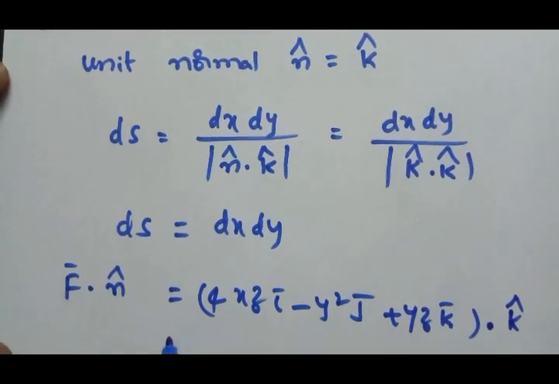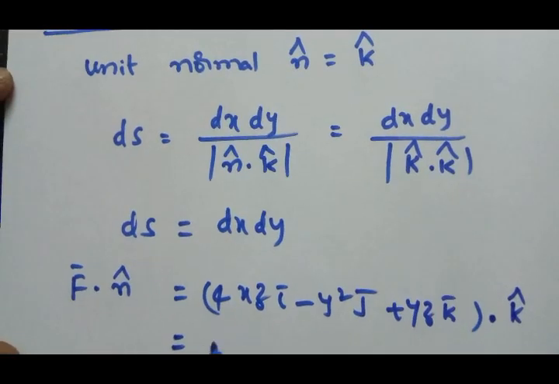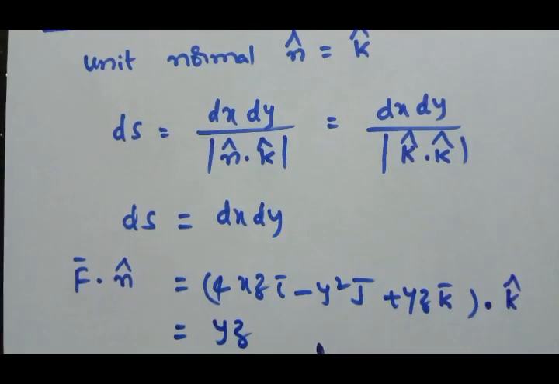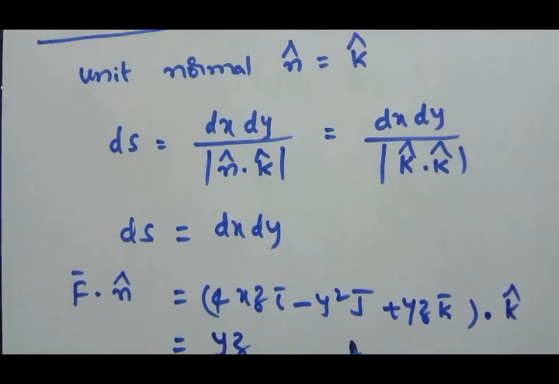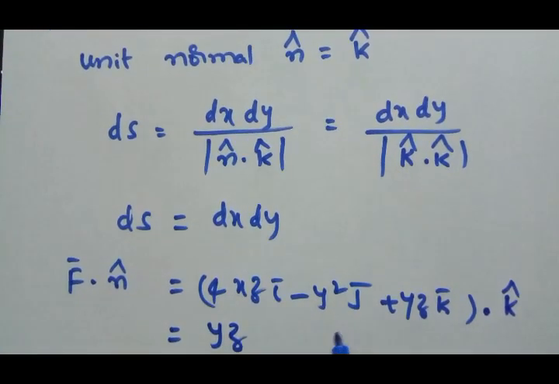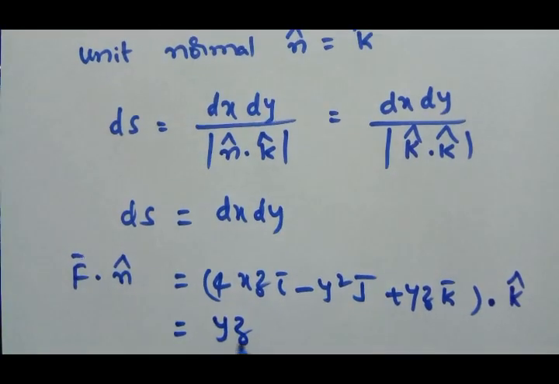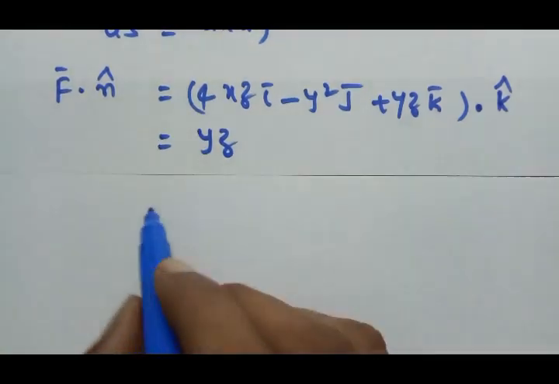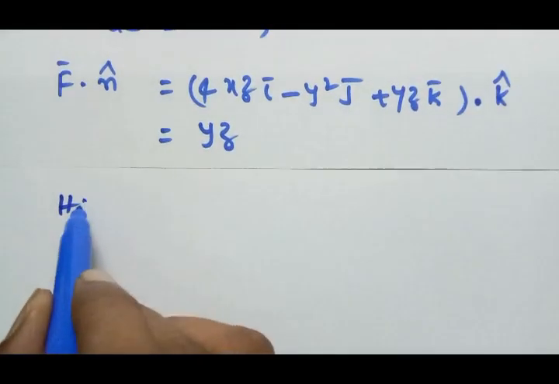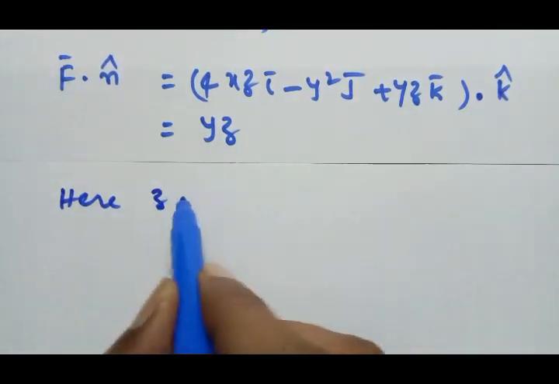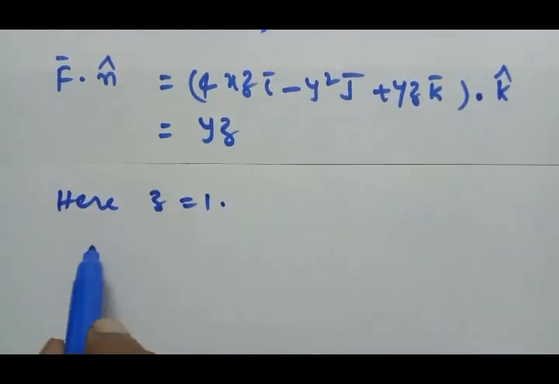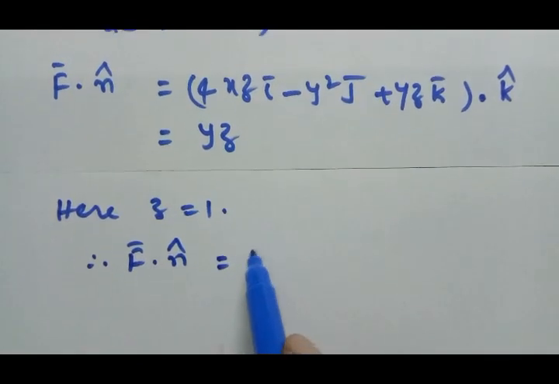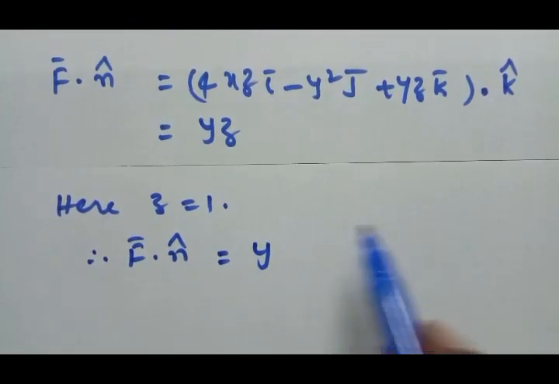So therefore, since k cap dot k cap is equal to 1, this is yz, and here this portion is at z equal to 1. Therefore f bar dot n cap is equal to y since z equal to 1.